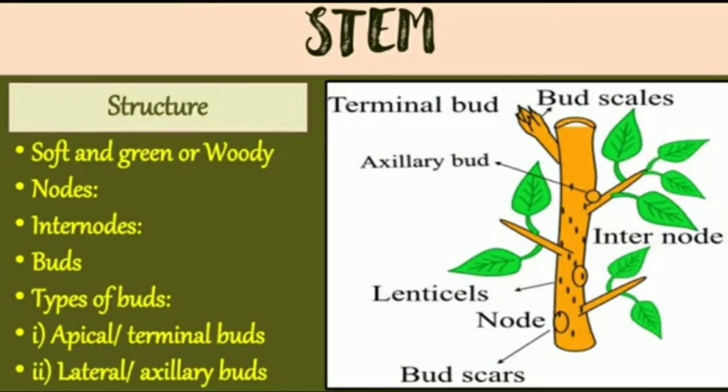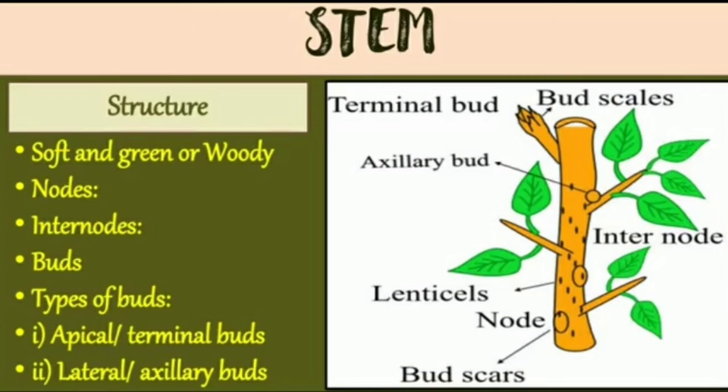Buds are also present on the stem. The tip or the apical end of the stem is called a bud. Now children, buds are of two types.